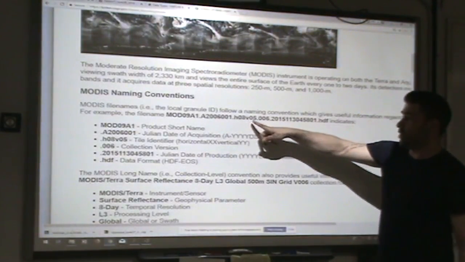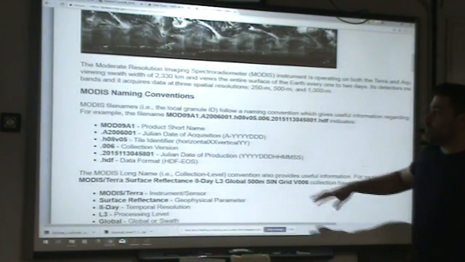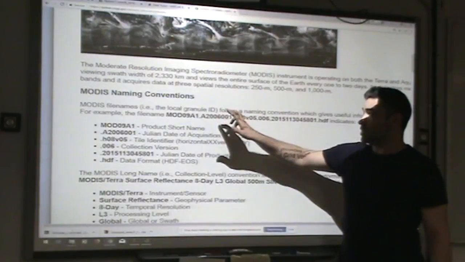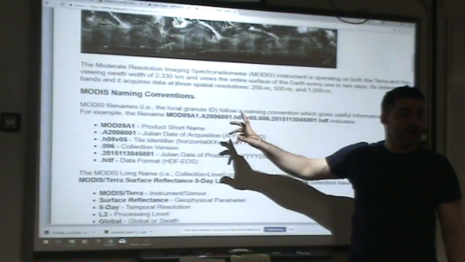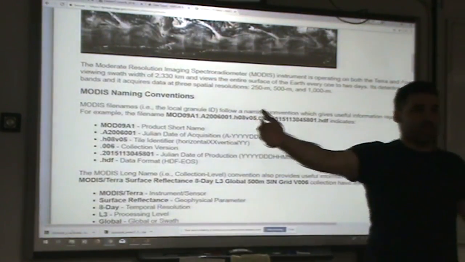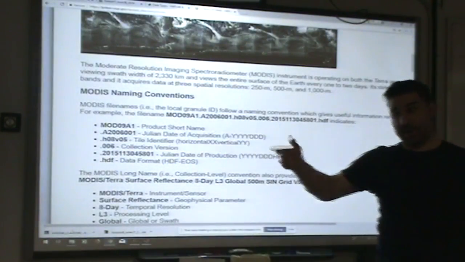This is telling you the tile, the horizontal and vertical. But our file name is a little different. It has the year, the Julian day. Everyone know what the Julian day is? It's like from 1 to 365, for a leap year 1 to 366, right?